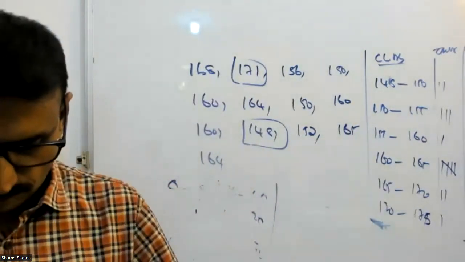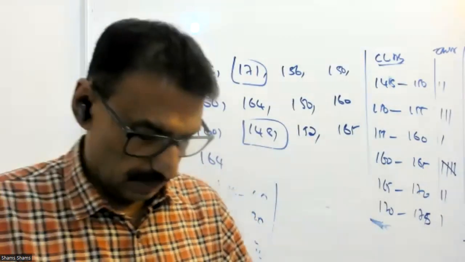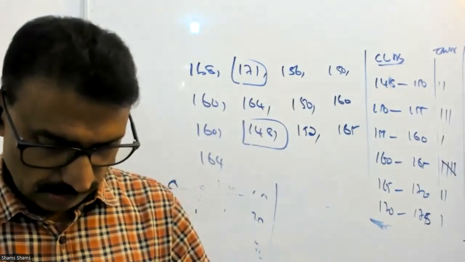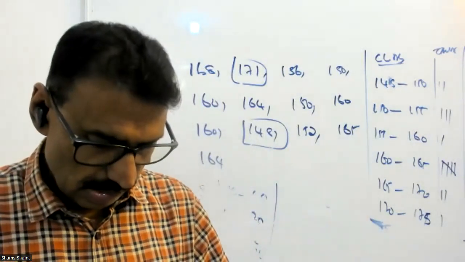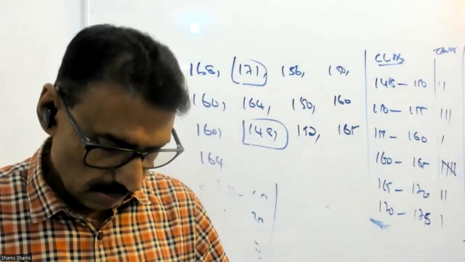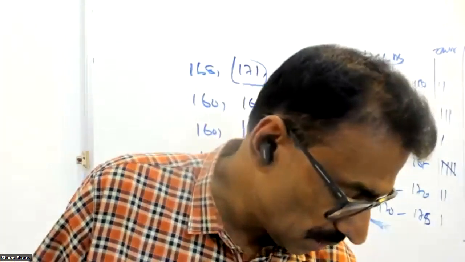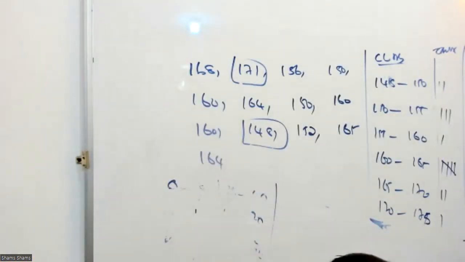Two, secondary data. Third one, raw data. Then range.